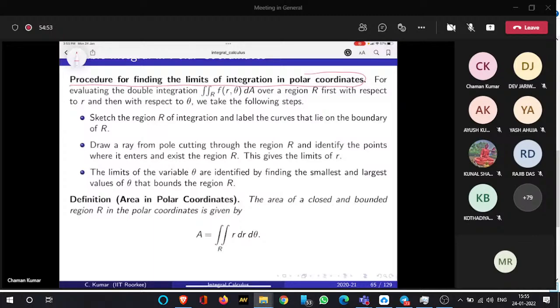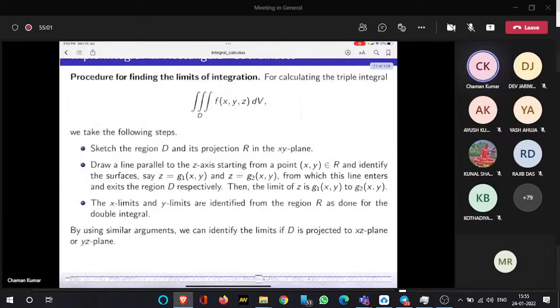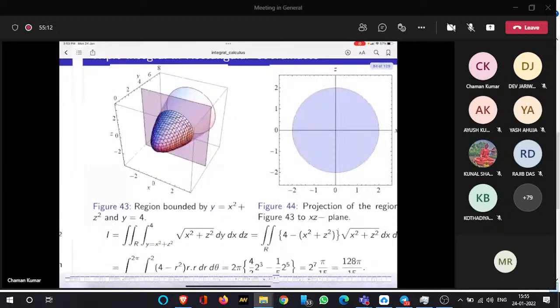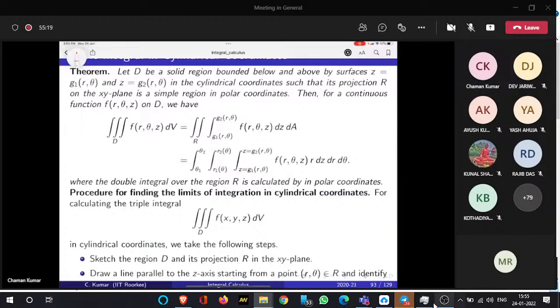When you go to triple integral in rectangular coordinates, then you see, this is our focus. And when you go to triple integral in cylindrical coordinates, this is our focus.